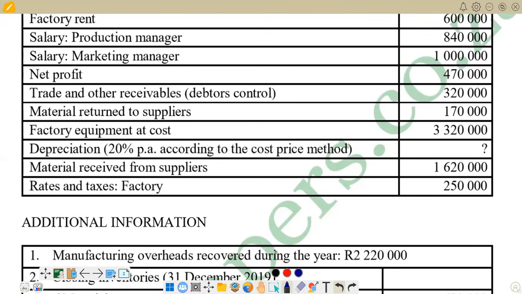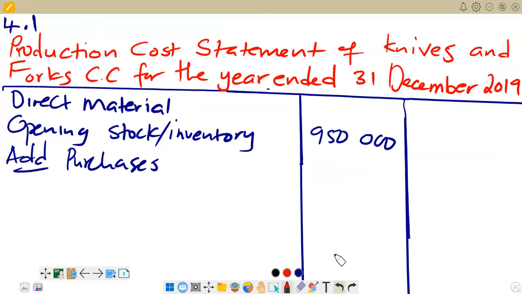So these are representing our purchases, and the figure is 1,620,000. Remember, suppliers are the ones that we are buying from, and when we are buying, we are purchasing. So this figure represents our purchases, which is 1,620,000. So we are going to put that one as our purchases. So we go back to our answer section. Here we have got 1,620,000.